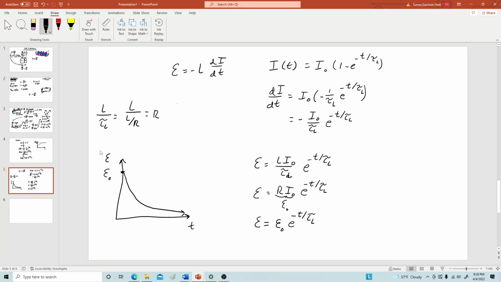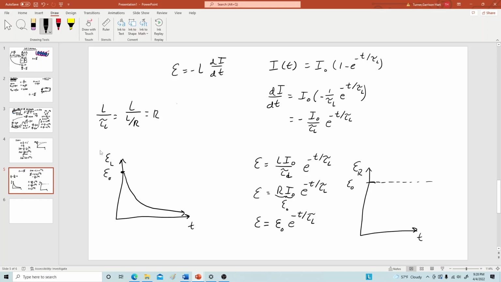And as a result, the potential across the resistor would do the same thing that the current does.